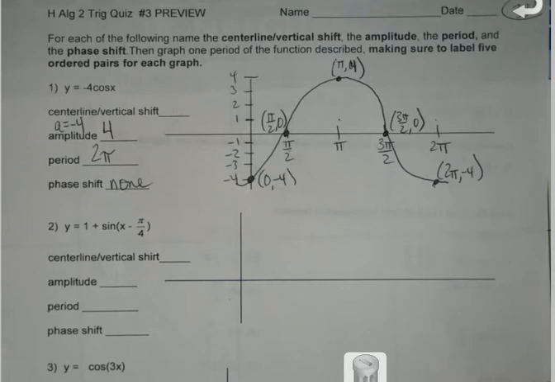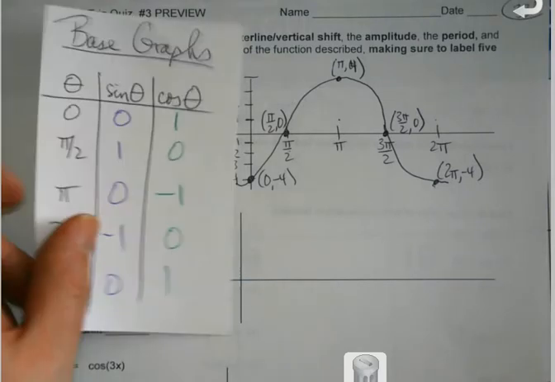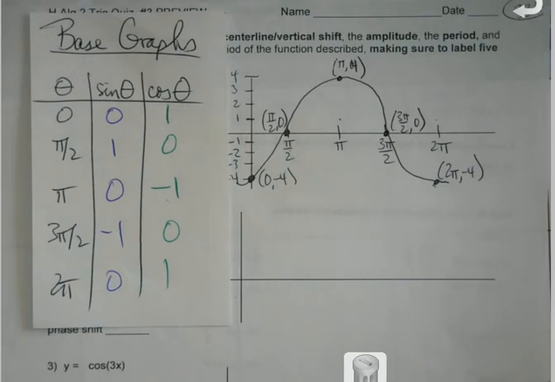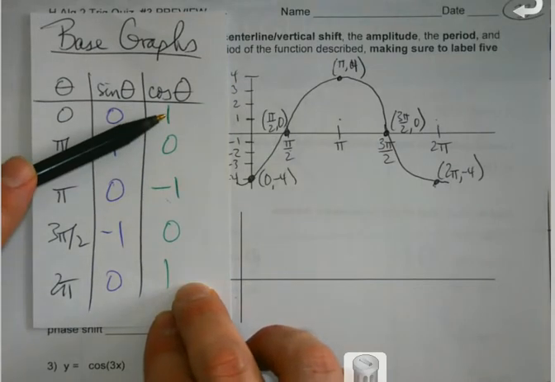Okay, I'm just kind of confused when you said that when you have pi over 2, how it would normally be at 0. How do you know that? Okay, because these are my typical base or parent graphs for sine and cosine. Typically, if I'm making a cosine graph, my first value would be at 1, except this time I had an amplitude of -4.